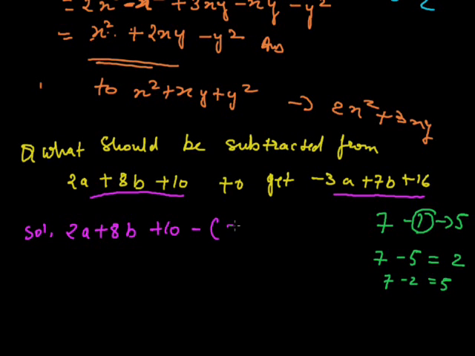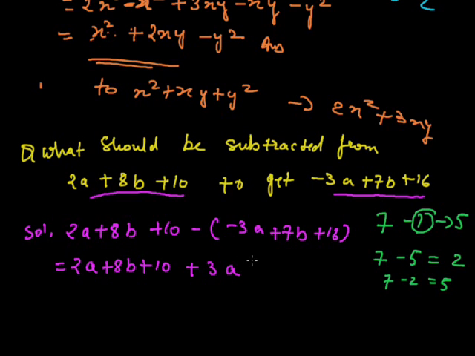Now again here we will open the bracket. So it will be plus, since the sign will change. So minus 3a will become plus 3a minus 7b minus 16.